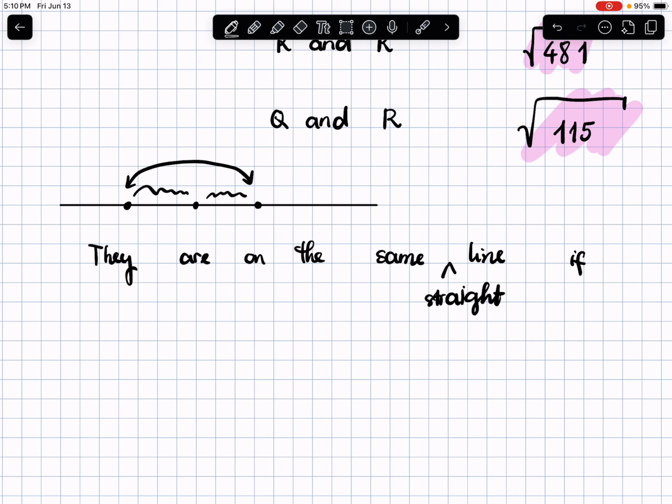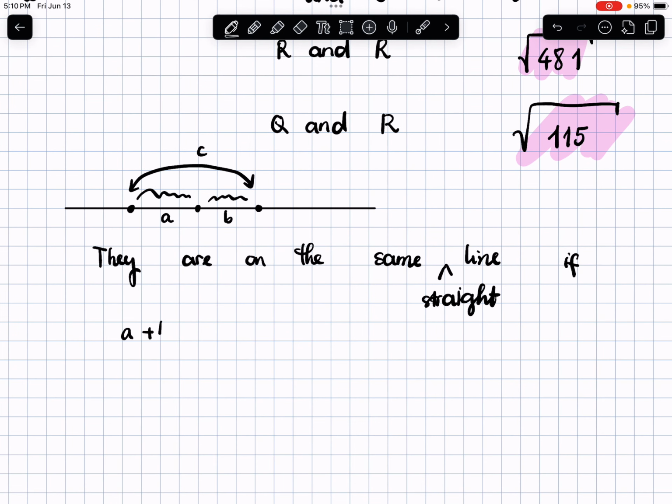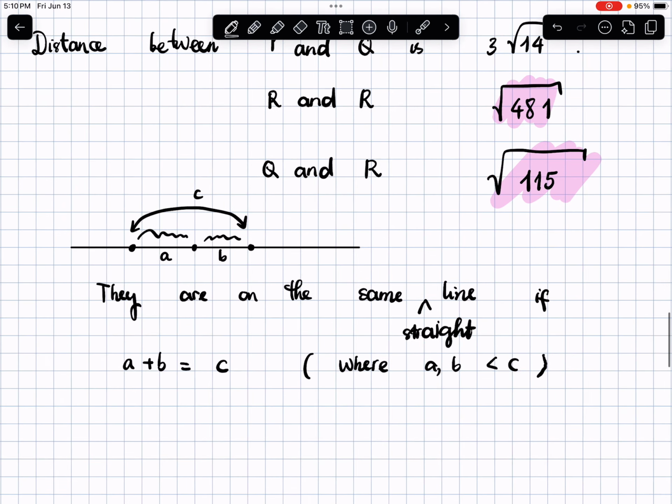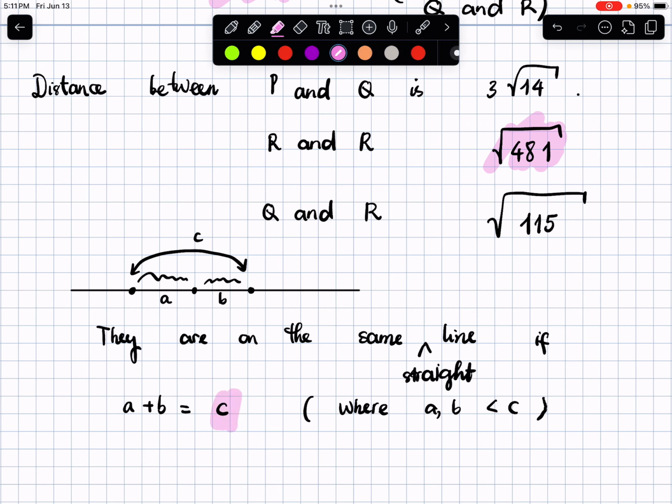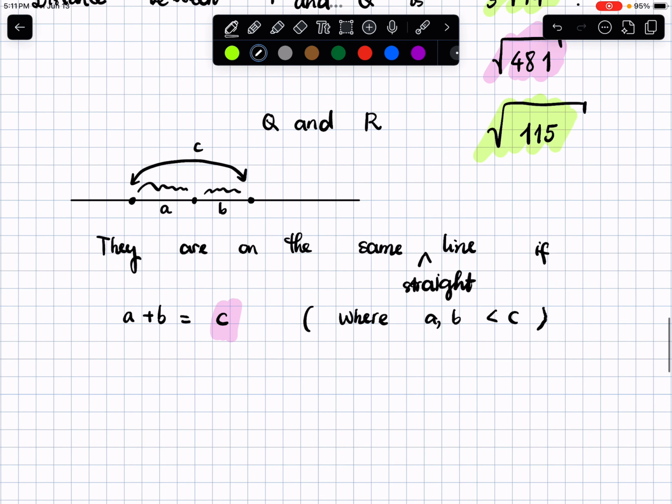So let's say a, b, c: a plus b equals c, where a and b are less than c. So among the three numbers, which one is the biggest one? This one is the biggest, c. And for the other two smaller ones, we take the sum and check whether it equals the biggest one.